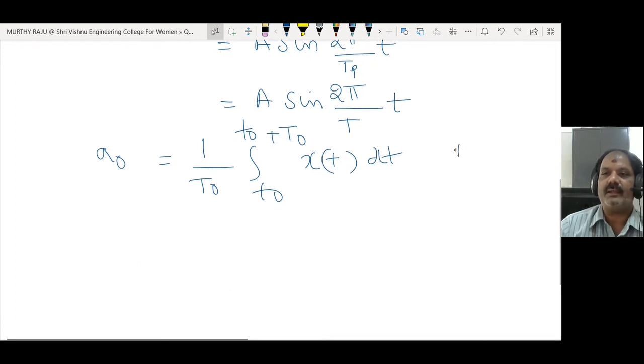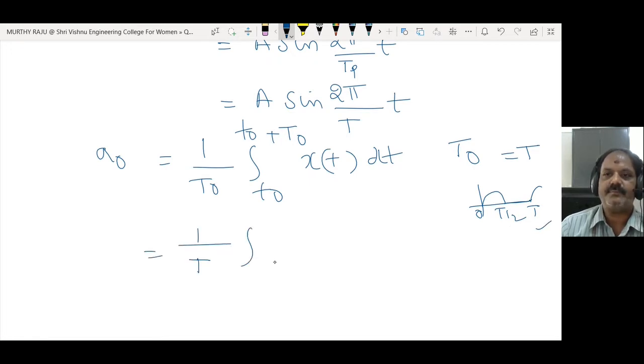Here we know that T naught is equal to T, this is the time period of the waveform, from 0 to T. Substitute the T naught value, T naught is equal to T, and small t naught is 0.